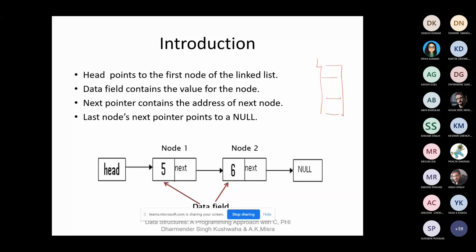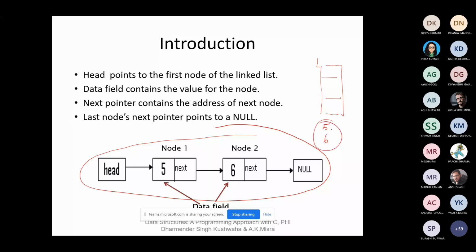Say you want to insert elements; there is a list of two elements, 5 and 6. These are the two elements we have to represent using the linked list representation. Firstly, the 5 node is stored in memory, and it will be accessed by one special pointer that is called head.